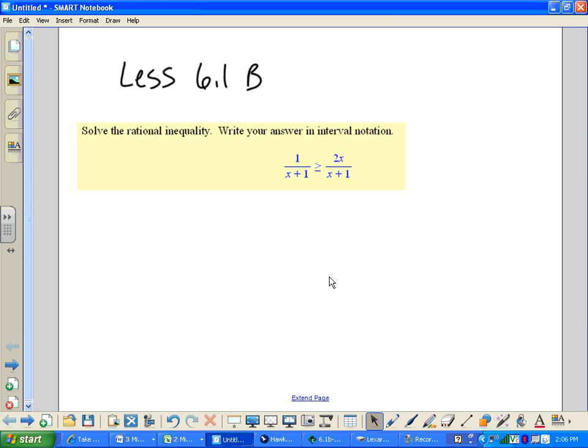So on this one, what I'm going to do is bring 2x over x plus 1 over, so I'll have minus 2x over x plus 1, and then that'll give it to me greater than or equal to 0. Now, all the problems on this lesson are really easy at this point because they always give you common denominators.